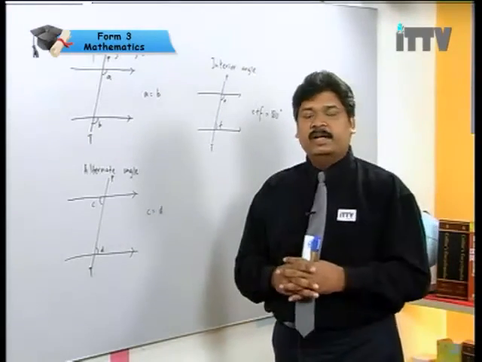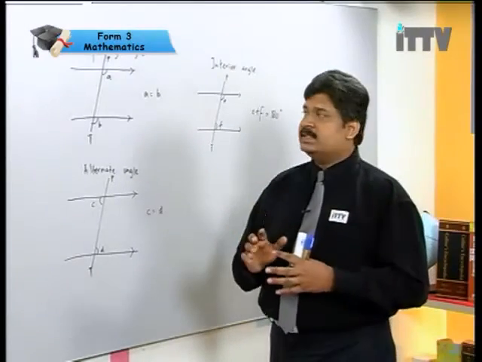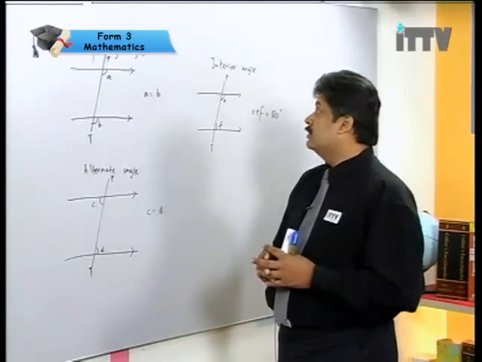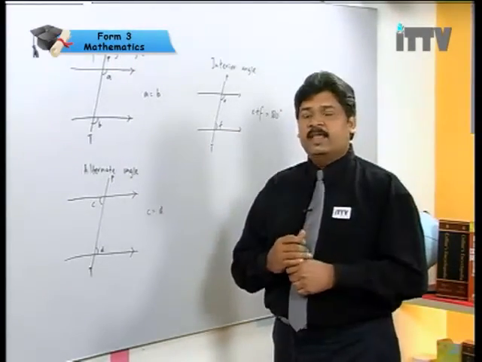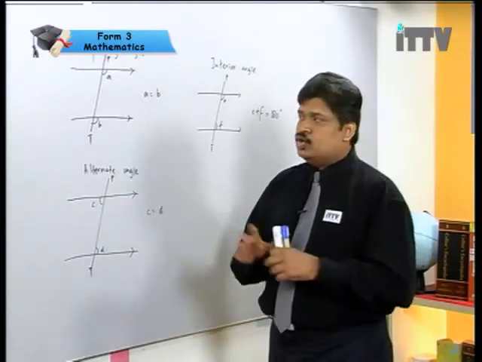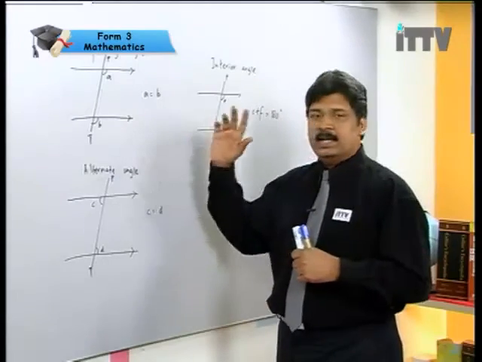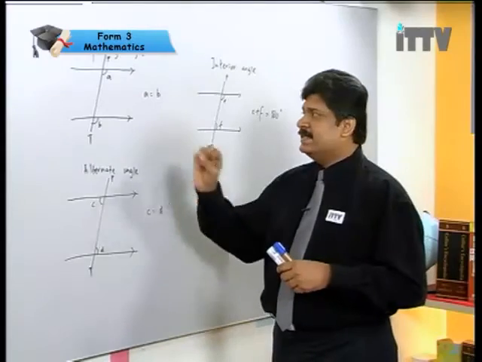Now, many a times, although students understand what corresponding angles, alternate angles, and interior angles are, they may still find it difficult to know whether it's corresponding, alternate, or interior. This is where I'm trying to teach you a simpler method.